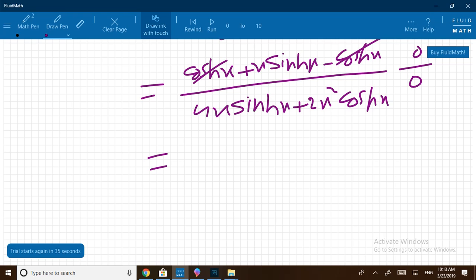Okay, very simple, only one or two more steps. So I am telling you the answer is 1 by 6. The remaining part is left for you as an exercise. Okay, you will do it.